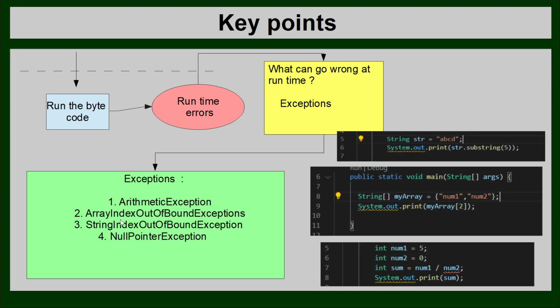And the last one, the string index: this string is an object, and you can use all sorts of methods with that object. This method is creating a substring from our string, and it's starting at the 5th character. But there is no 5th character, so it's going to produce an exception.